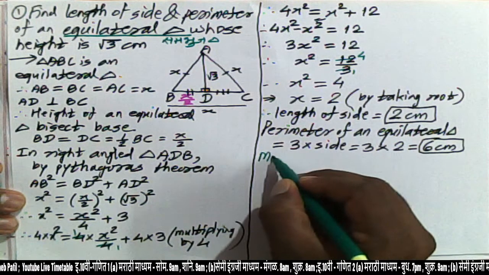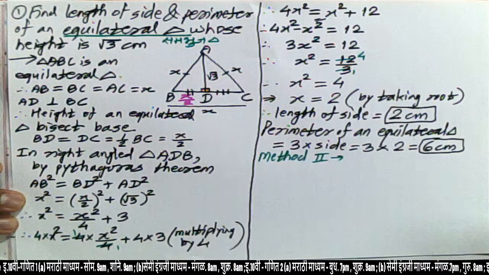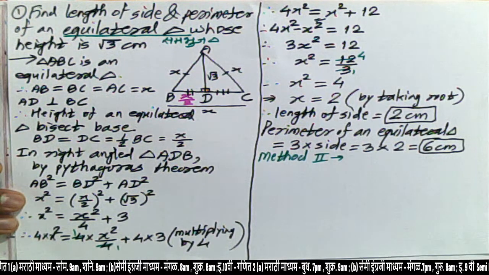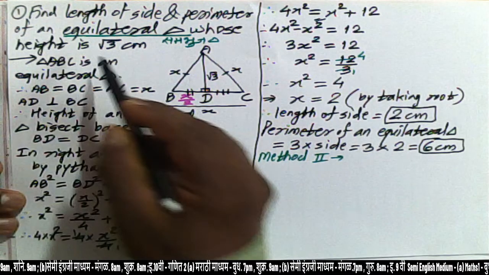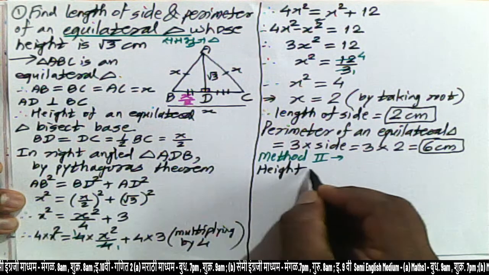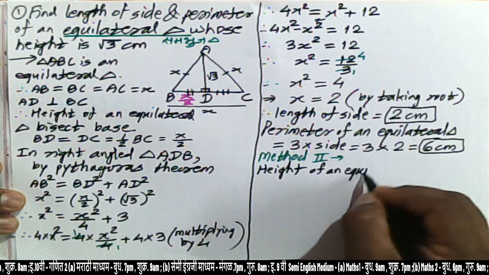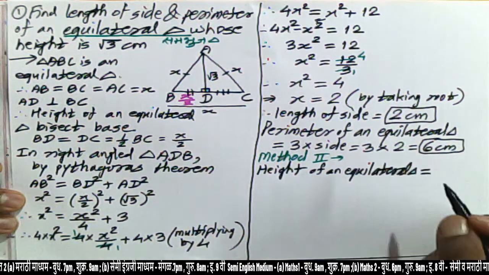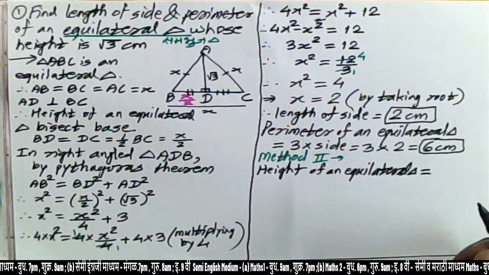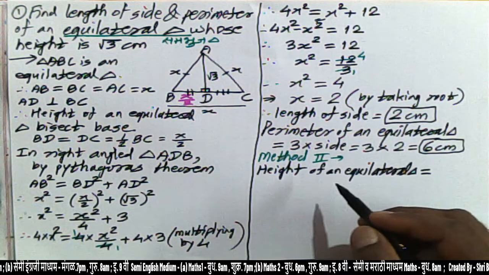Then method second, there is another method of solving. Given is height of an equilateral triangle is equal to, what is the formula of height?